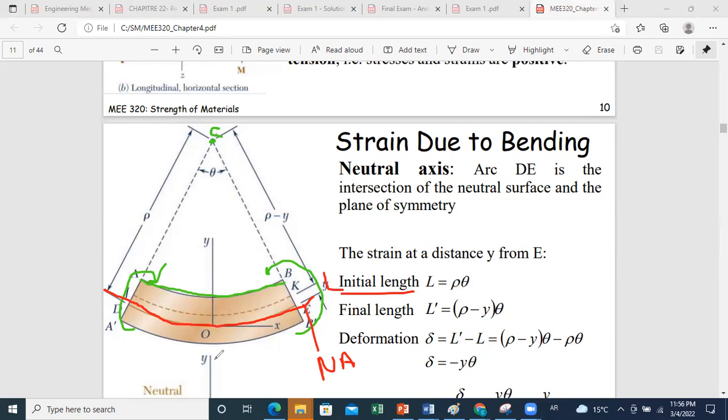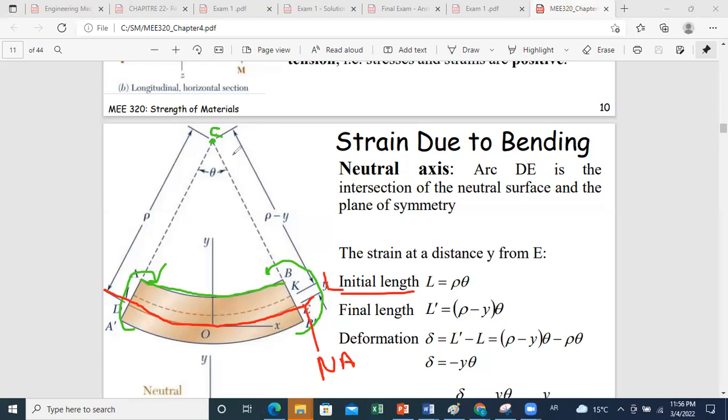And now I will try to relate the strain developed, the tensile strain and compression strain, to the variation of my length. Okay, so first let us consider a certain line.